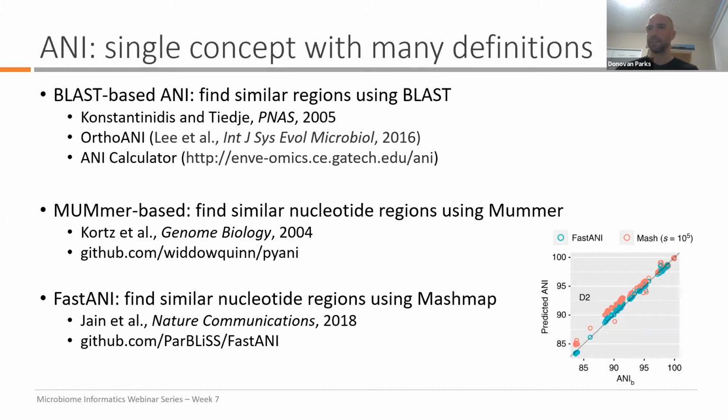None of these methods is more correct than the other. They're all using heuristics to find similar genomic regions. We tend to use BLAST as the gold standard simply because it was produced first, and we'd like to have some continuity in this measure over time. But all these methods, I think, are perfectly acceptable to use. I tend to use FastANI simply because it's fast.